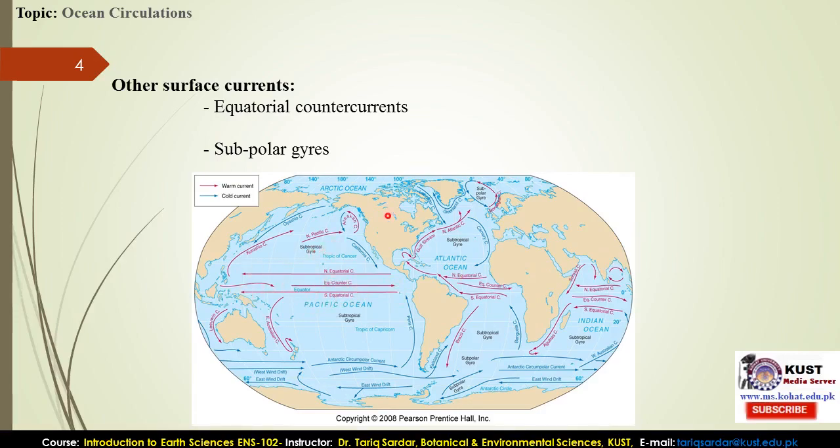If we look at the subpolar gyres, they are a smaller form of water circulation towards the polar areas. They circulate like this and come towards the polar and subpolar areas, and up to the equatorial areas as well.